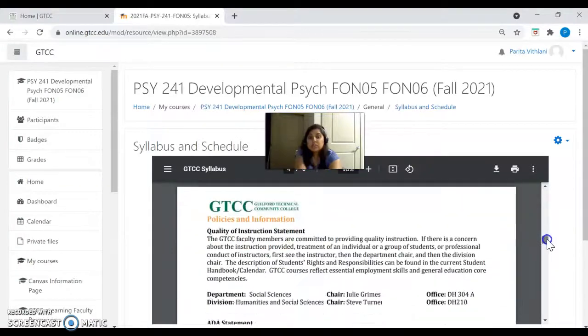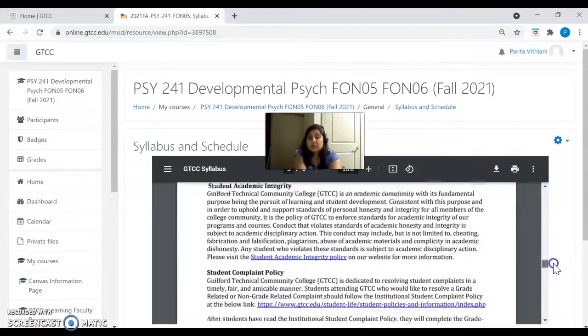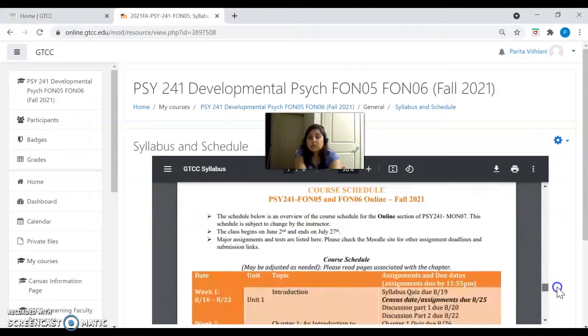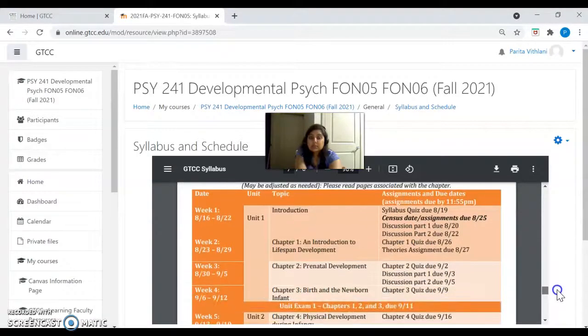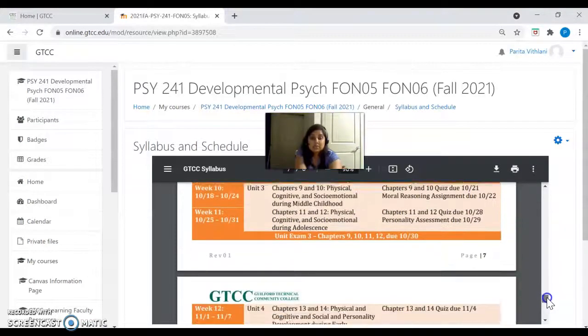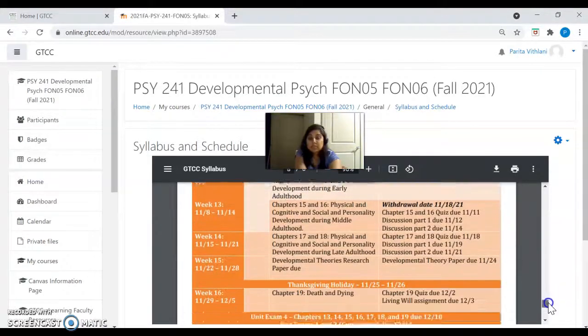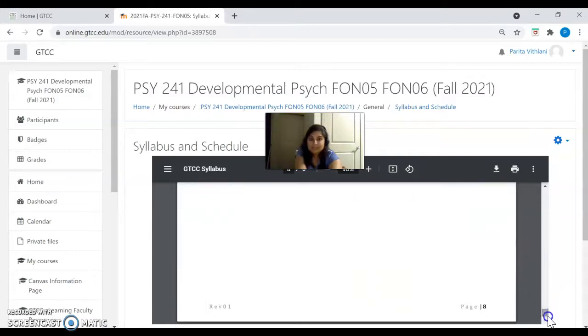When you scroll down at the bottom of the syllabus, you will see all your deadlines listed for you, what we're doing each week, the topic that we'll be covering, and what activities or deadlines you have for that week. And that is there for the entire semester. So please be mindful of your deadlines and keep up with them.